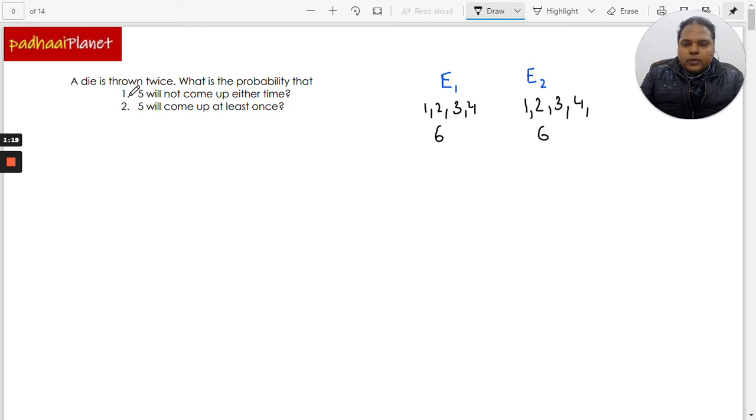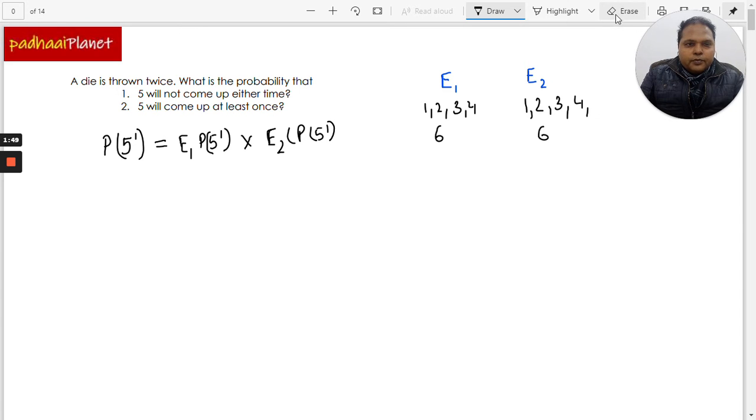So we can say that the probability of 5 dash is equal to the probability of 5 dash in event 1 multiplied by in event 2 the probability of 5 dash.